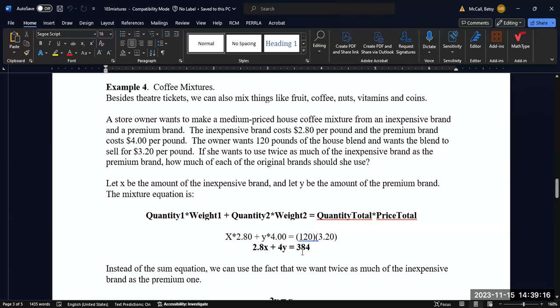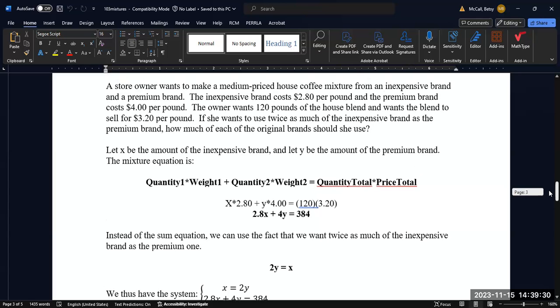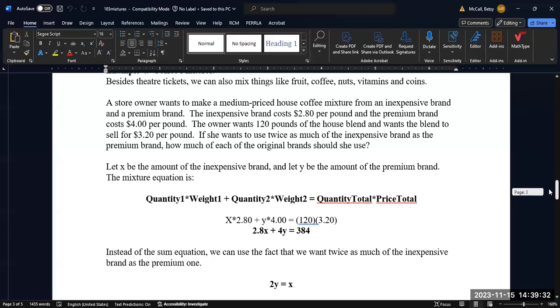And so if you multiply these, you get $384 for the cost of the whole mixture. And that is your mixture equation. And since you're adding up to 120 pounds, the quantity equation would be x plus y is 120.